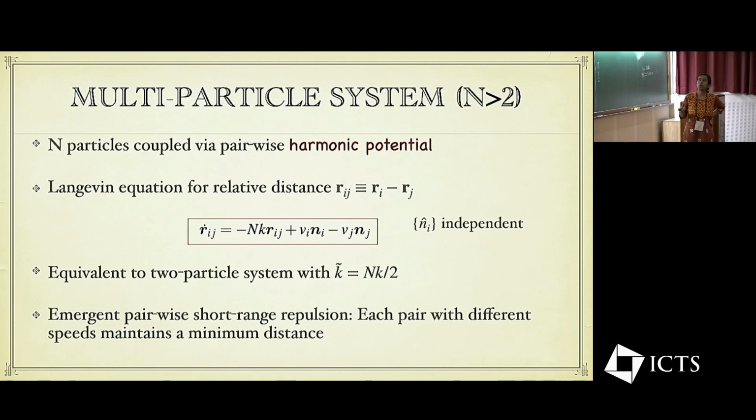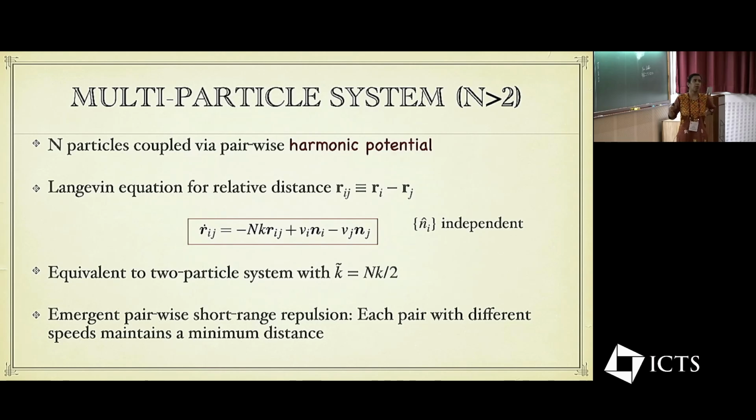Now let's come to the multi-particle scenario when there are more than two particles. Let's first take the harmonic potential case, and in that case again, because everything is linear, we look at the separation between the ith and jth particles. So rij is my vector, ri minus rj, the separation between two particularly chosen particles. That equation happens to be very similar to the two particle case, but with a renormalized coupling strength.